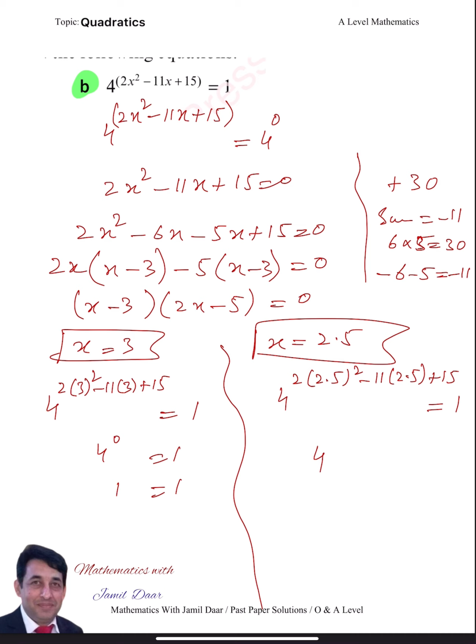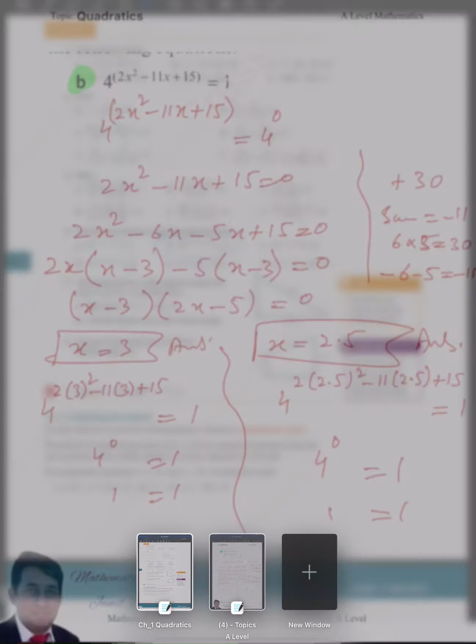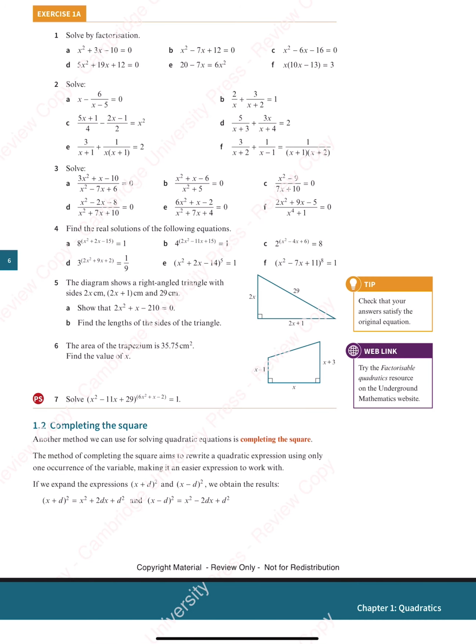Wait a minute, please. 2 times 2.5 square and minus 11 into 2.5 plus 15. So it comes 0 is equal to 1, 1 is equal to 1. So both are the answers acceptable. If it was not 0, one of them would be rejected. So we'll go back to the exercise.